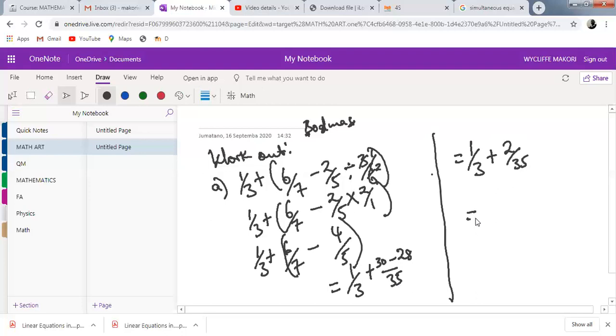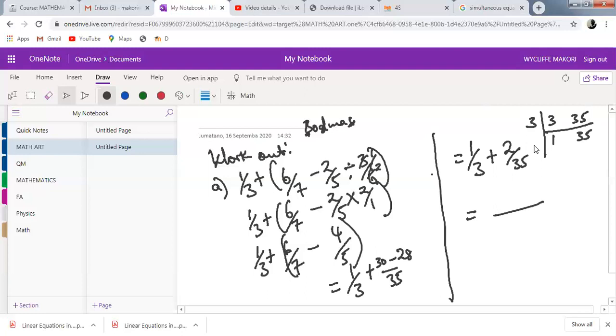Which now would be equal to the LCM of 3 and 35. What is it going to be? When we have 3 and 35 and we are looking for the LCM, can 3 go into 35? I don't think so.